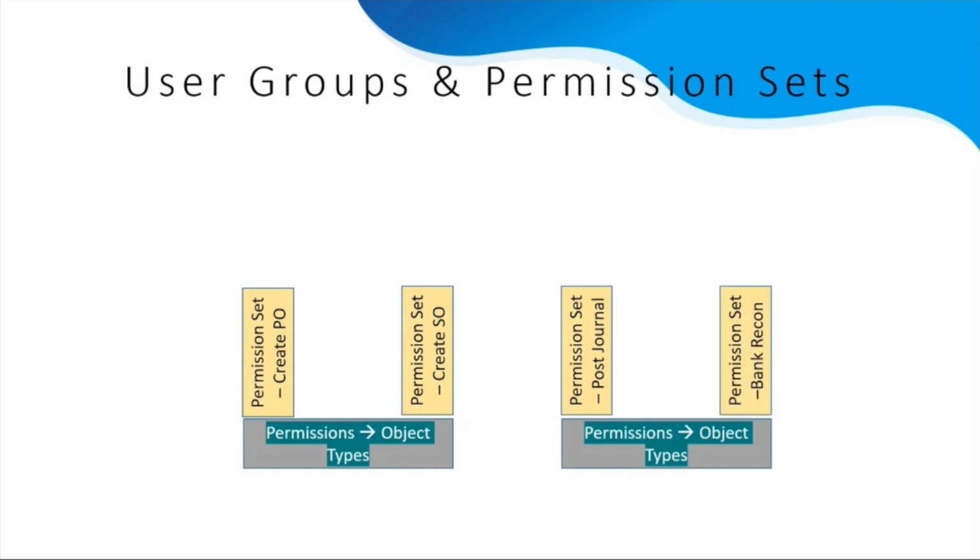For example, in the second house we have walls for posting of journals, or a permission set where we can post a bank reconciliation. So you'll see that there are two houses, and we're going to build two houses where we list all the permission sets for each of the houses in a user group.